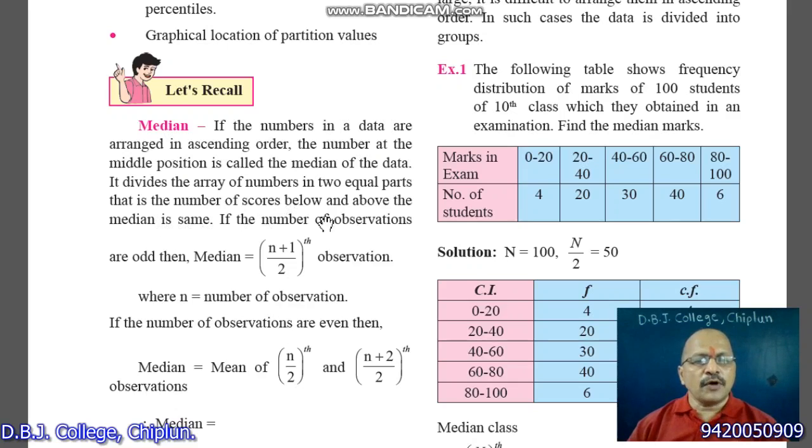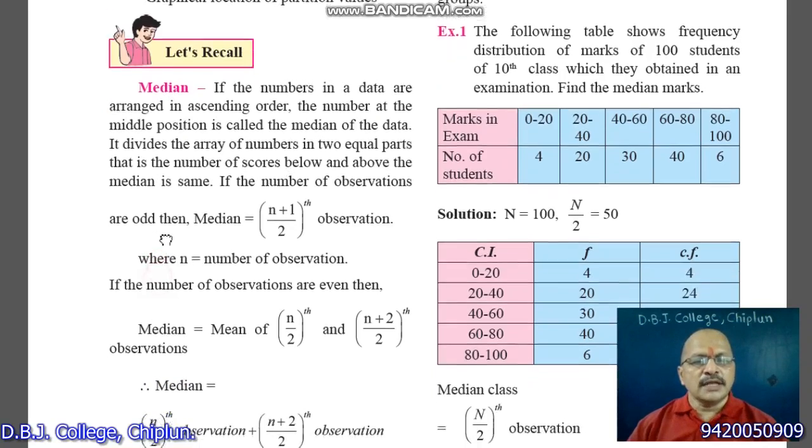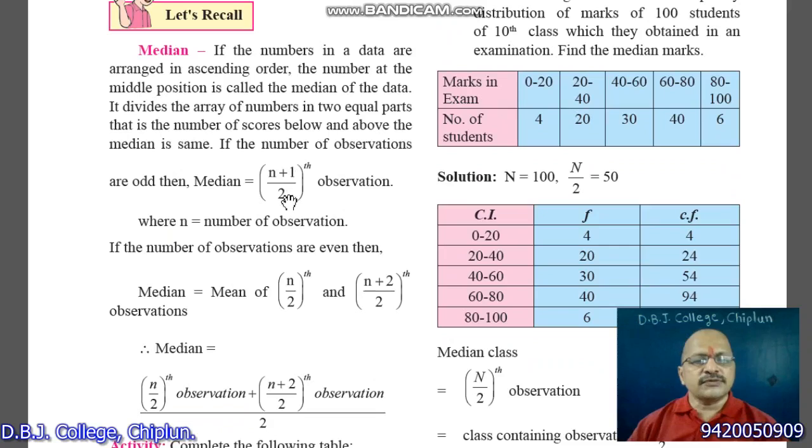If the number of observations is odd, then median is the (n plus 1) upon 2th observation. That means if there are, say, 5 numbers, 1, 2, 3, 4 and 5, and we want to find the median, then arrange these in ascending or descending order.